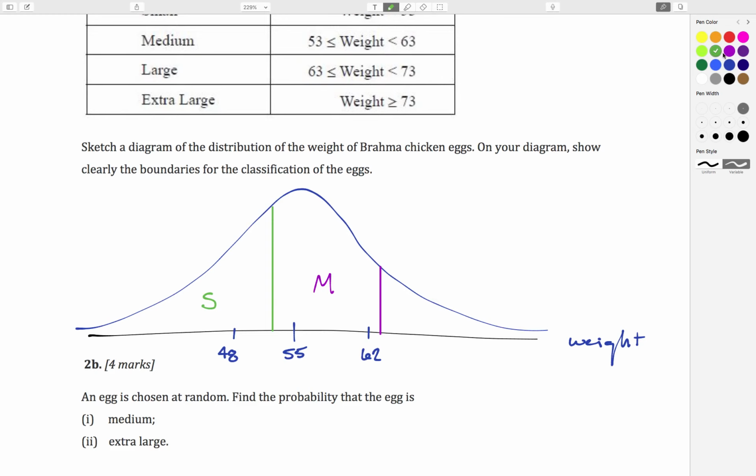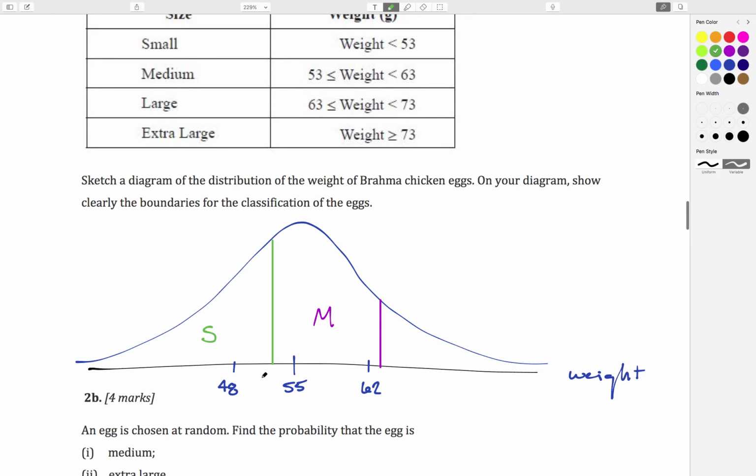Oh, let me put up the bars. So this is 53. This is 63. My 73. These are large, 73. And then I have my extra large, anything above.